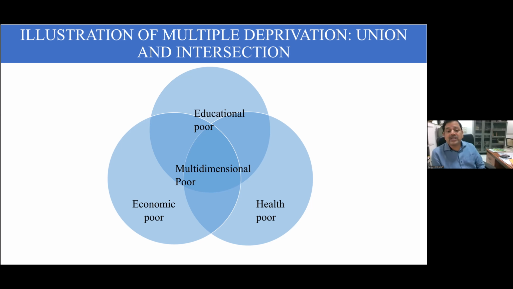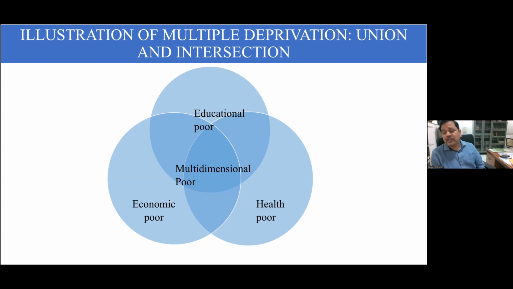Prior to 2010, the approach of defining multidimensional poverty was largely based on the union and intersection approach. You can find a large number of papers published in World Development. Under the intersection approach, a person is consumption poor and also education poor, or under the union approach, a person is poor in any domain.